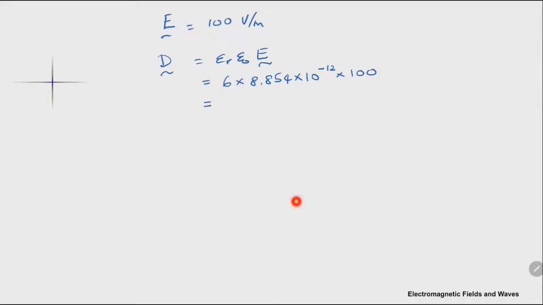That gives you 5.31 times 10 to the minus 9. That would be 5.31 nanocoulombs. What's the units? Per meter squared.